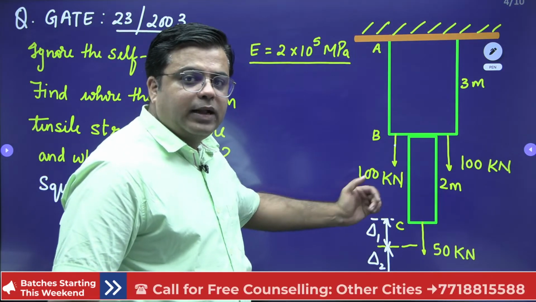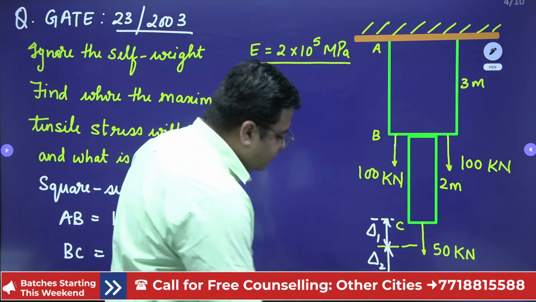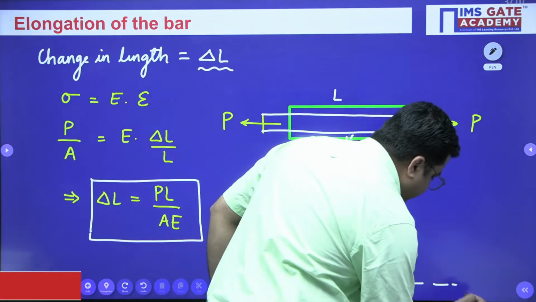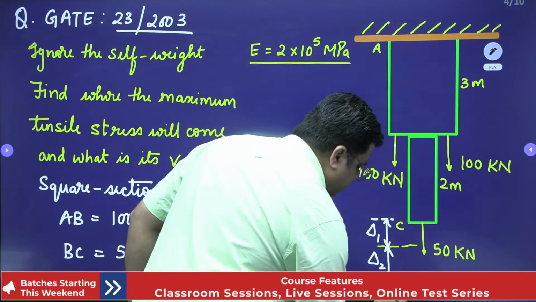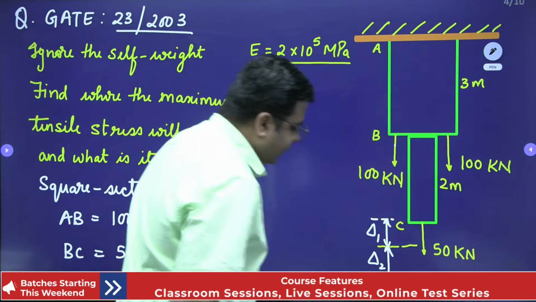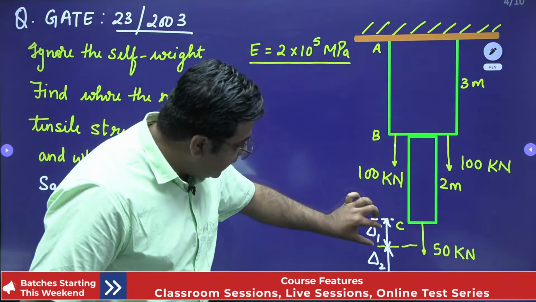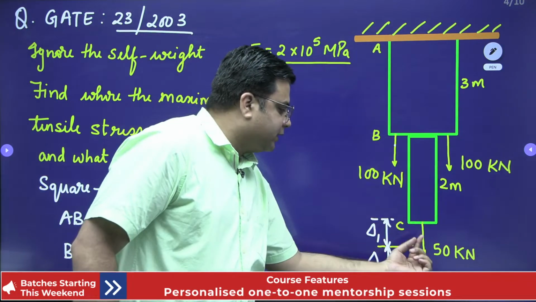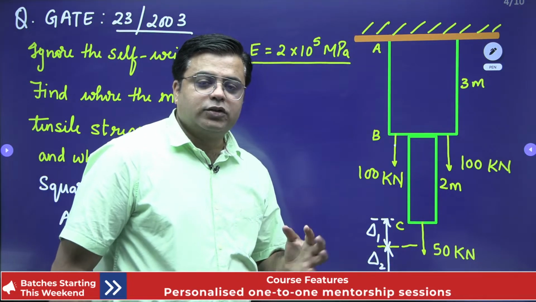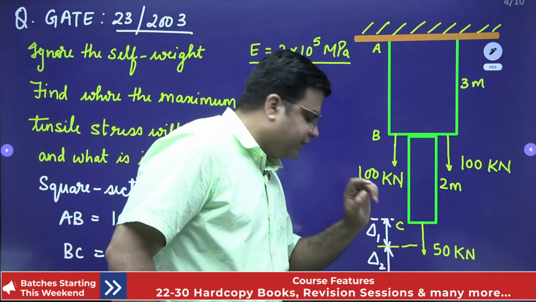So, the total amount of deformation this point C will undergo is equal to delta 1 plus delta 2. Delta 1 is the deformation of member BC. Delta 2 is the deformation of member AB due to these external loads.